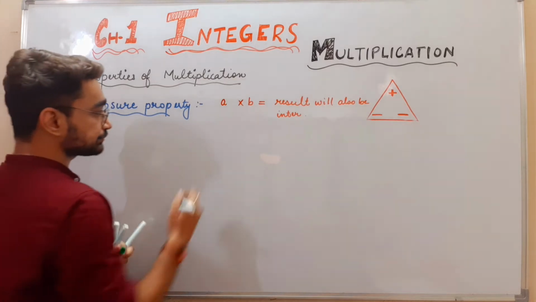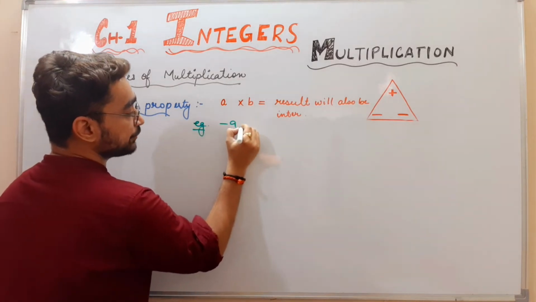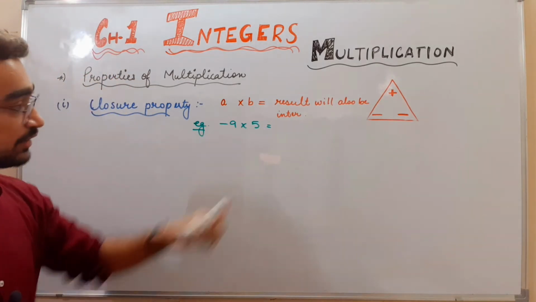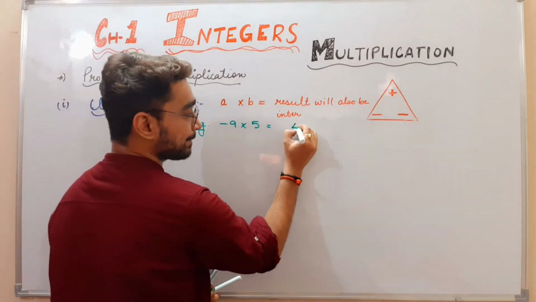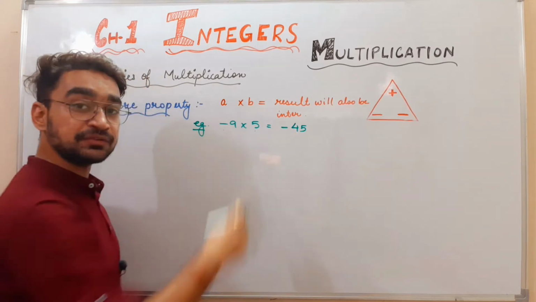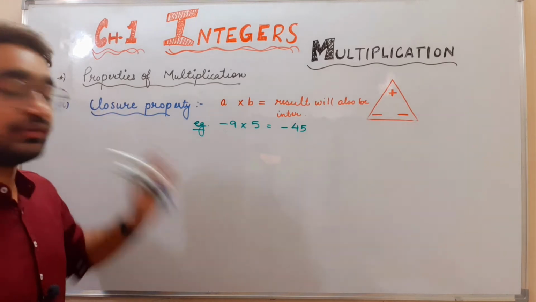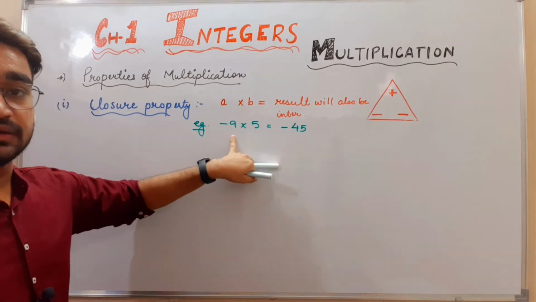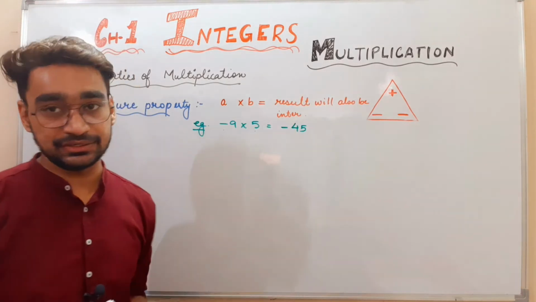Example: minus 9 into 5. Minus 9 is an integer, right? 5 is an integer, yes. 9 5s are 45. One is positive, one is negative, so the answer will be negative. So minus 45 is an integer or not? Yes, it is an integer. For every pair of integers, the product of these two will always be an integer.